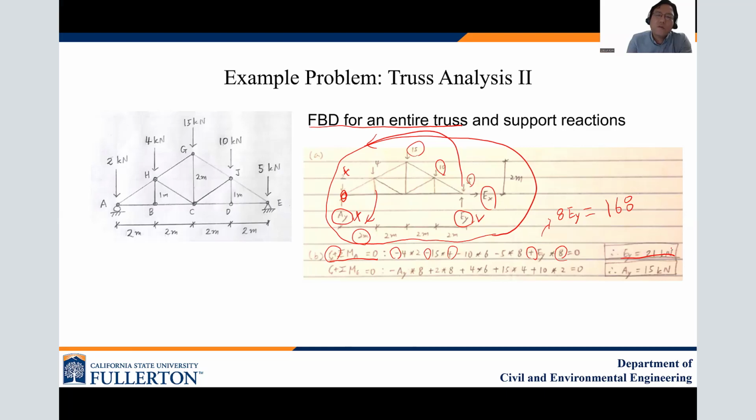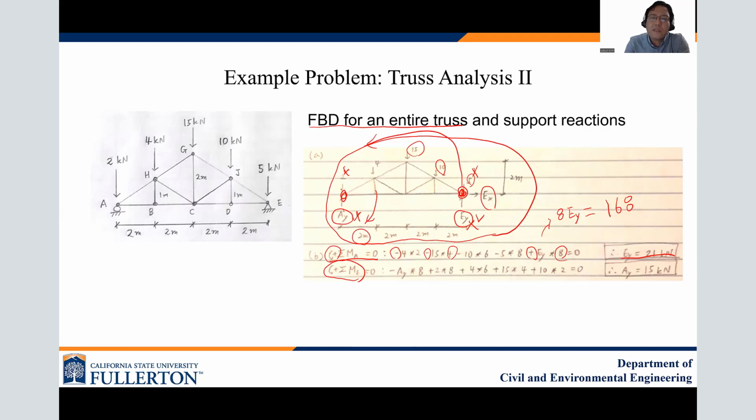And then to find AY, just choose sigma ME equals 0. Now the pivot point for the moment is E. In this case, EY cannot create a moment, and then just minus AY times 8.